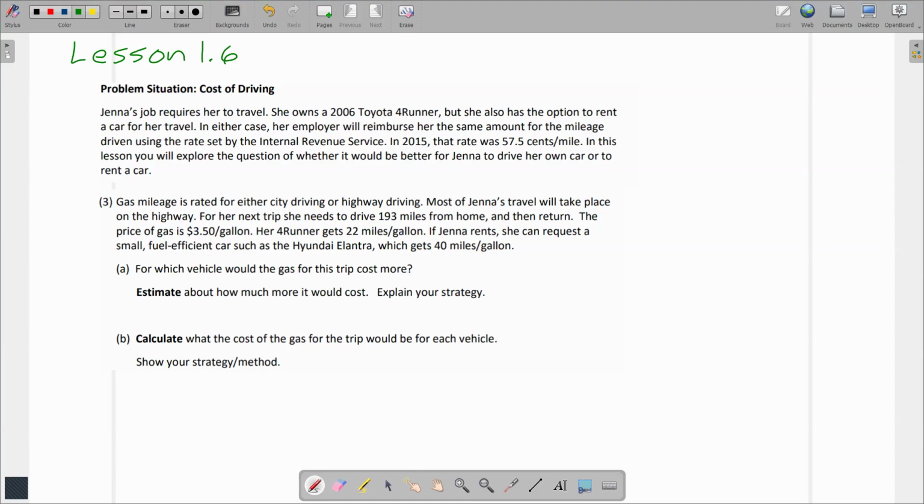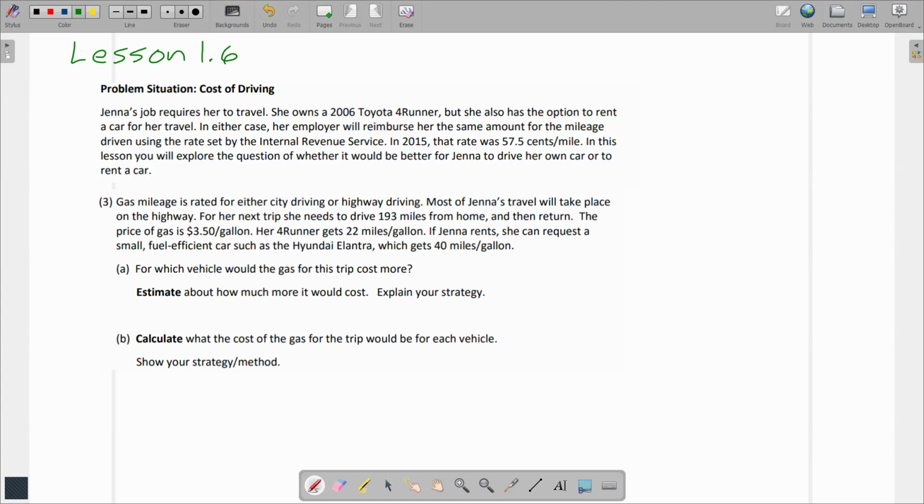So first we want to estimate. Given the information about how far she's going to drive, how much gas costs for her 4Runner, and how much gas costs for the Hyundai Elantra, make a guess without writing much down on paper about how much it's going to cost her to do this trip with her 4Runner and how much it's going to cost for the Elantra.